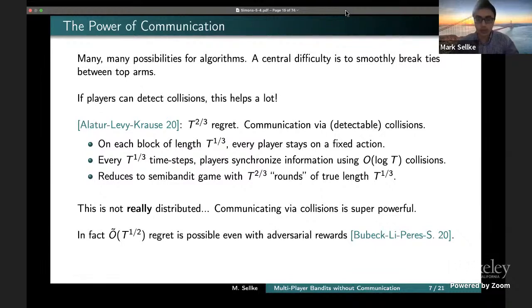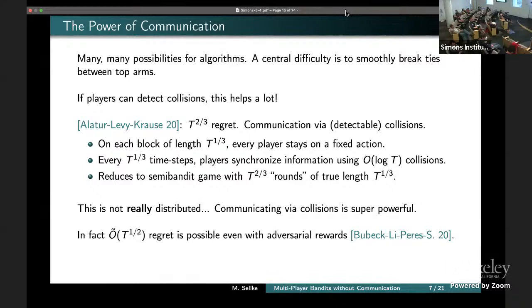So what I'm trying to go through is how we can eventually get to a problem setup where there's really no communication. I'm treating this as a bad problem setup, because you can embed communication inside it. I think it was just a basic question about the feedback model. Just to be clear, the feedback model is, everyone plays their arms and sees their own rewards and sees a bit that says whether or not there was a collision.